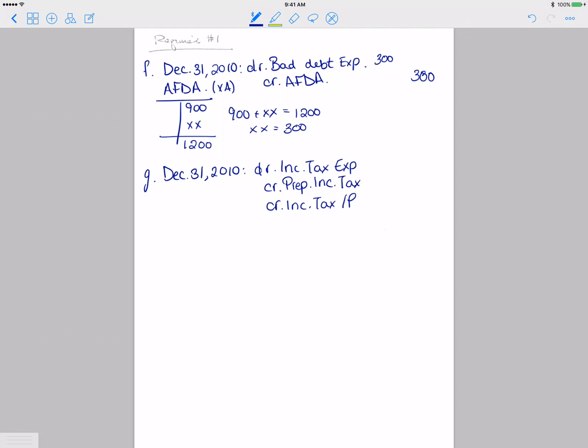Now, the amounts we don't know. The only amount we do already know, if there is an income tax payable, would be the prepaid income tax, but we'll leave it blank for now, simply noting that it's going to be our net income multiplied by 20%. So we'll come back to that and solve it at the end of requirement number 2.